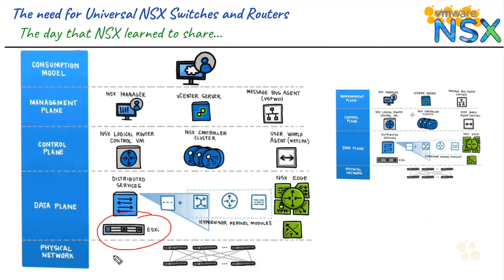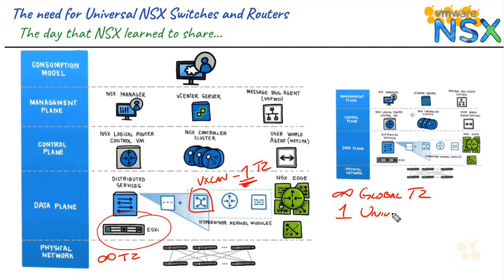An ESXi host can belong to multiple transport zones. But any particular VXLAN, a logical switch, can only be associated with one and only one transport zone. And in fact, within any NSX environment, we can create multiple global transport zones, but we can create one and only one universal transport zone.